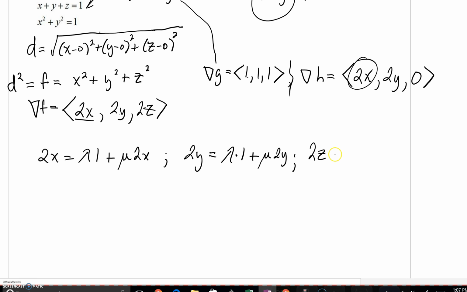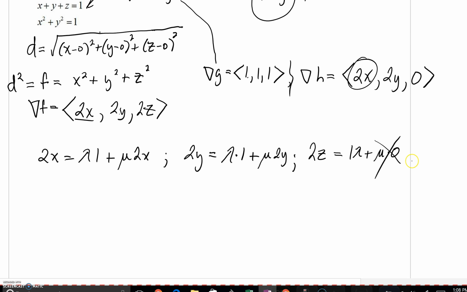And with 2z, this one's going to be 1 lambda. And then we'll say plus mu times 0. And mu times 0 is just going to completely disappear. And that is maybe one of the most critical parts of the problem right here. That really can unlock some solving choices for us.